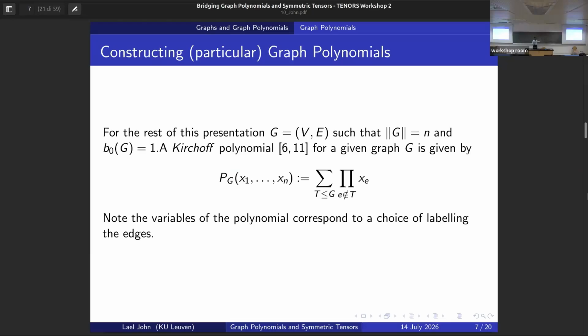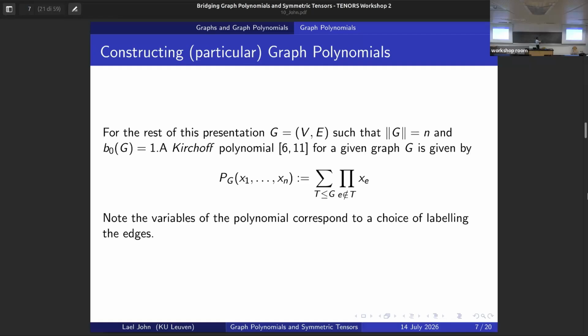So for the rest of this talk, I'm fixing the number of edges of my graph. The size of my graph is always going to be n, and n can vary, but it's still n. The number of loops of my graph is important, but my graphs are always connected, right? So I can define a Kirchhoff polynomial as summing over all the possible spanning trees, and taking the product of edges that are not considered in the spanning tree.